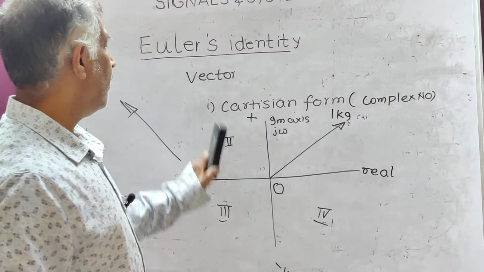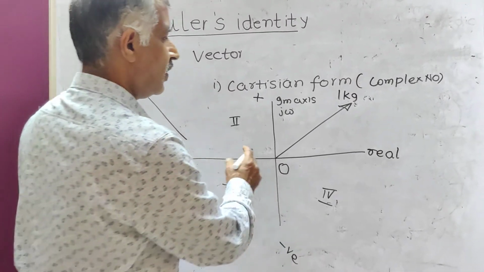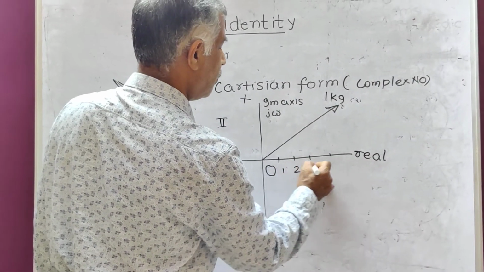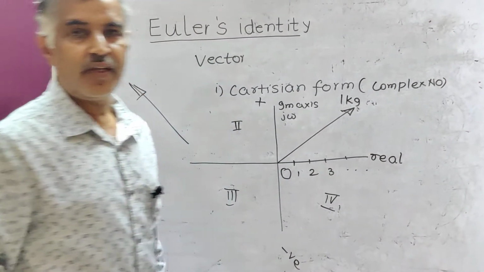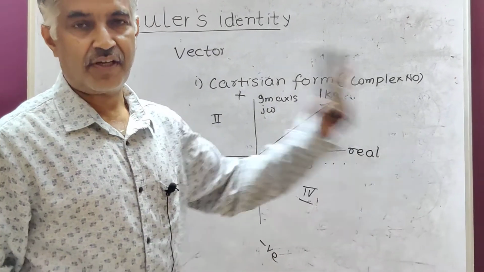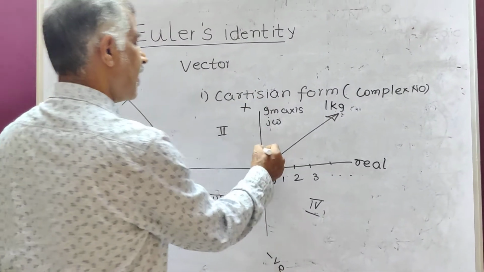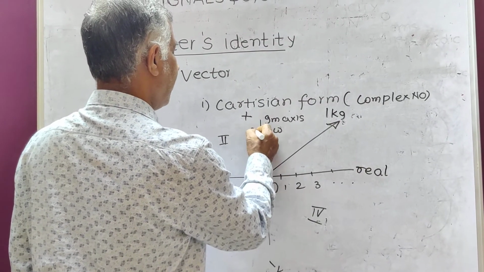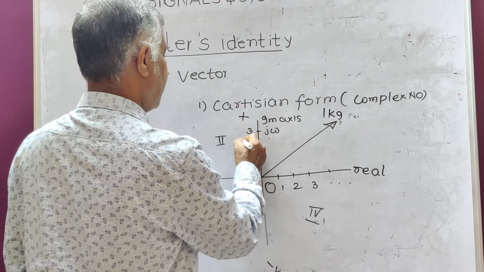Now, before coming to Cartesian form, in the real axis, it's numbers 1, 2, 3, etc. Whereas the imaginary axis also has 1, 2, 3, etc. But we attach j.